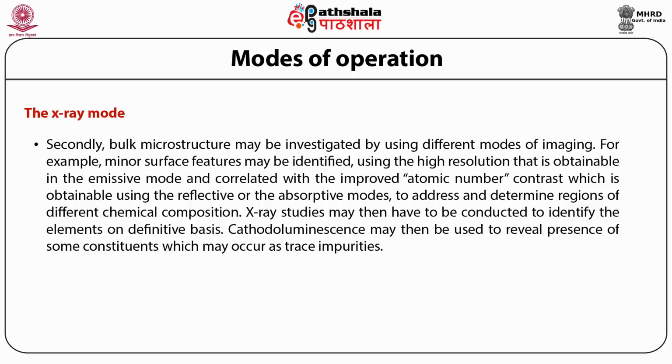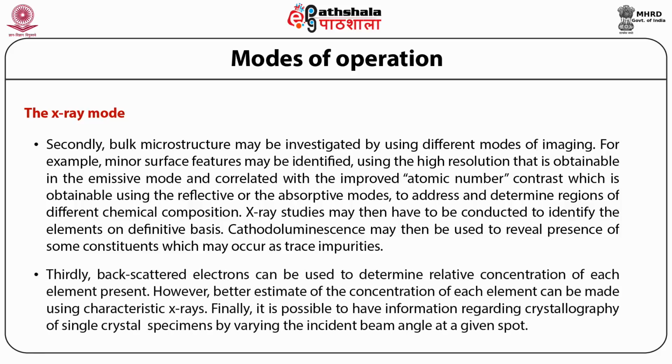X-ray studies may then have to be conducted to identify the elements on a definitive basis. Cathodoluminescence may then be used to reveal the presence of some constituents which may occur as trace impurities.